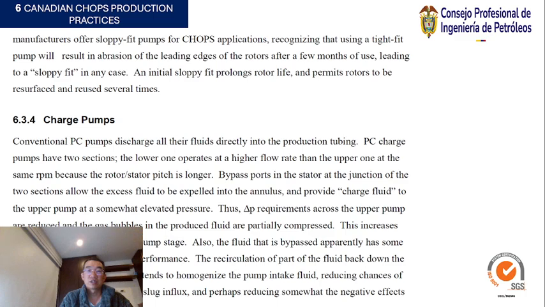An initial sloppy fit prolongs rotor life and permits rotors to be resurfaced and reused several times.